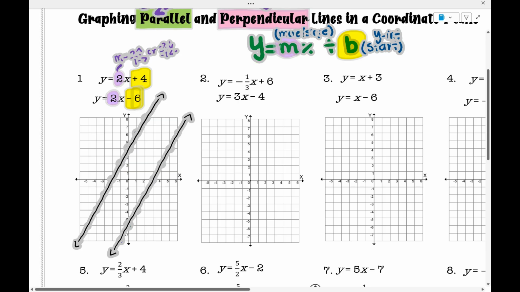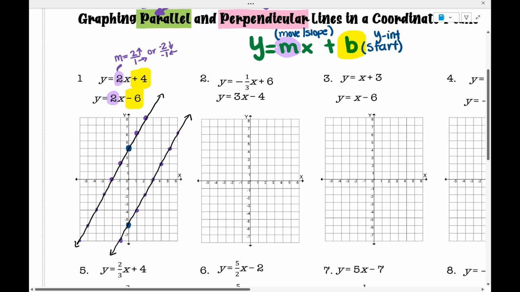As you can tell here, these lines will be parallel lines. They're never going to intersect, no matter how many points you plot.